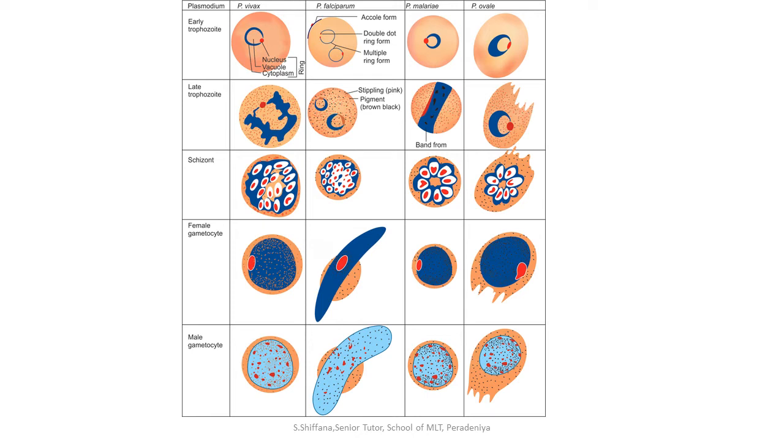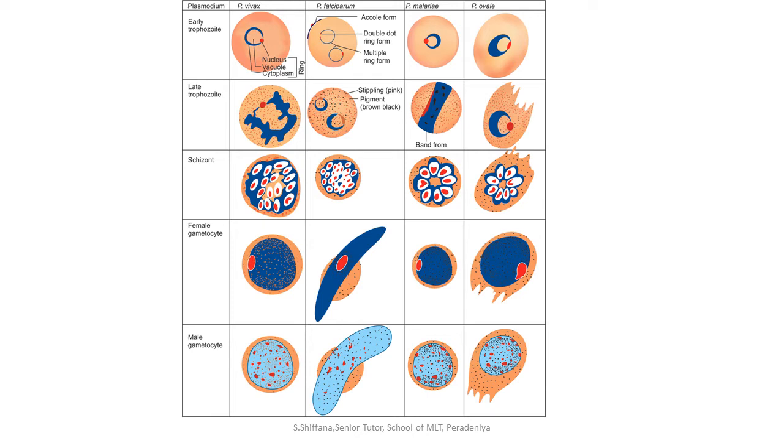Of the other two, malariae and ovale, now we will discuss ovale. In ovale, the infected red cell is oval in shape. In the early trophozoite stage, the cytoplasm of the parasite is very thick. This is the significant characteristic of ovale.